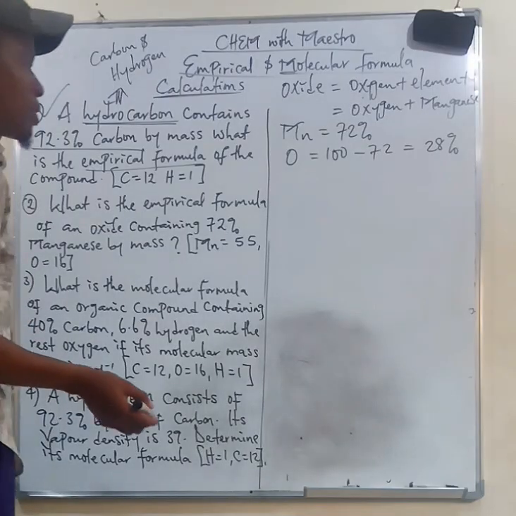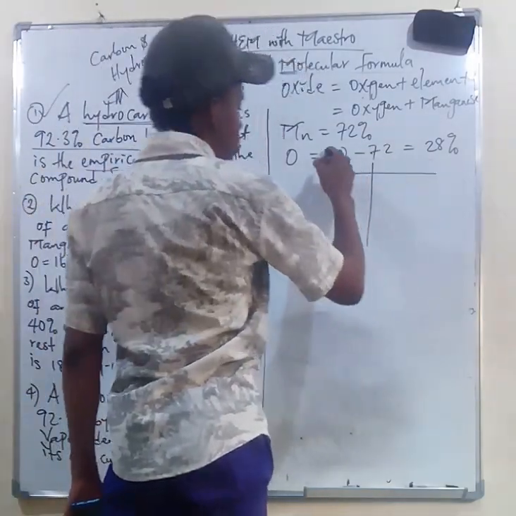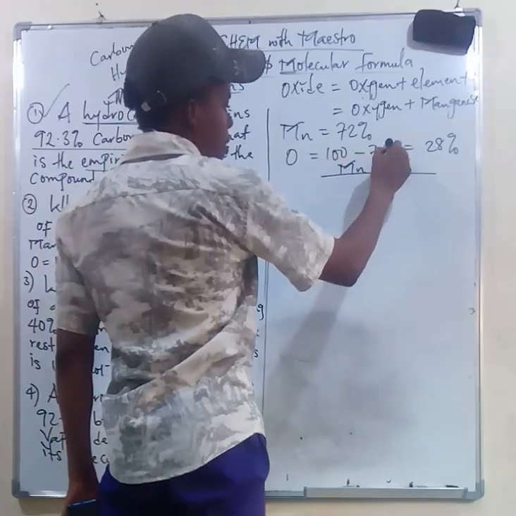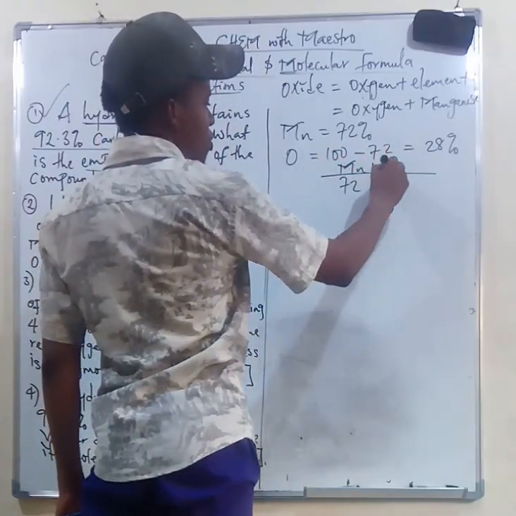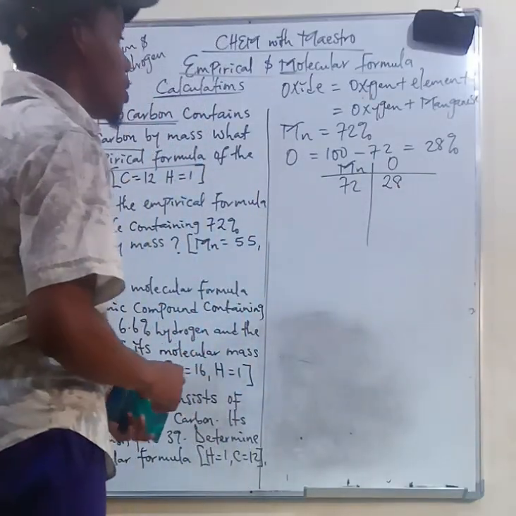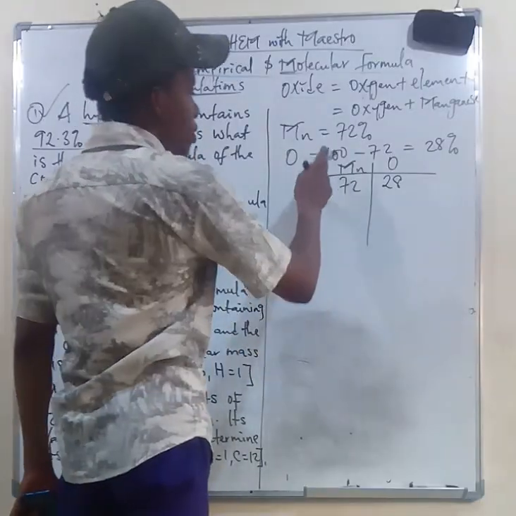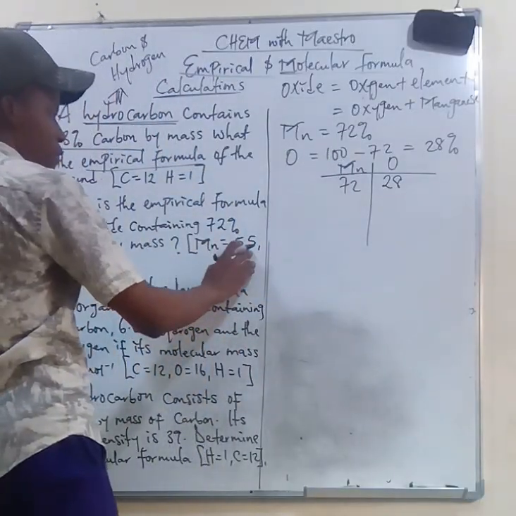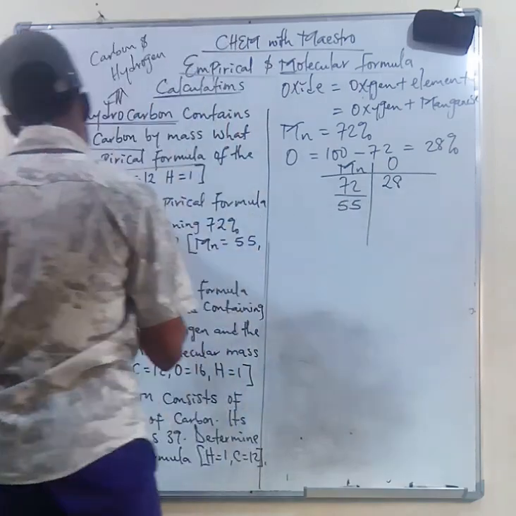Now let us find the empirical formula of the oxide, so Mn and oxygen. Mn is 72, oxygen is 28. First thing first, divide by the molar mass. What's the molar mass of manganese? We're given 55. So divide 72 by 55. What's the molar mass of oxygen?